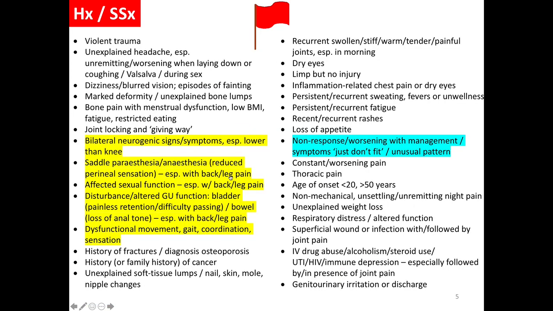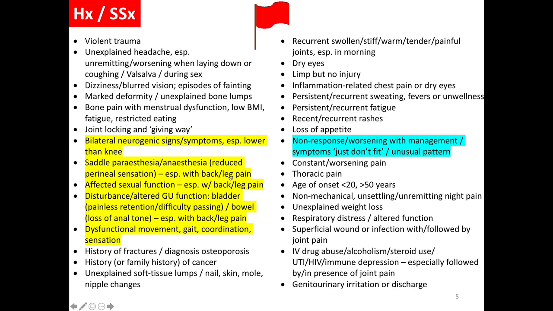Now these are the big long list, okay? We've asked you to identify at least 4 but up to 10 for your assessment. In yellow there you can see if you've got at least 2 of those, so a cluster of 2, that patient needs to go to hospital immediately because it may indicate they have cauda equina syndrome.